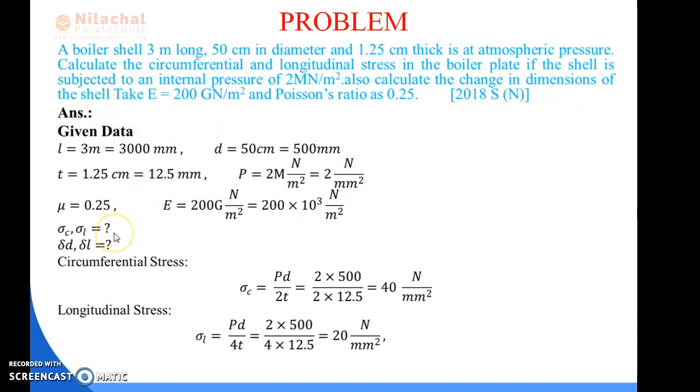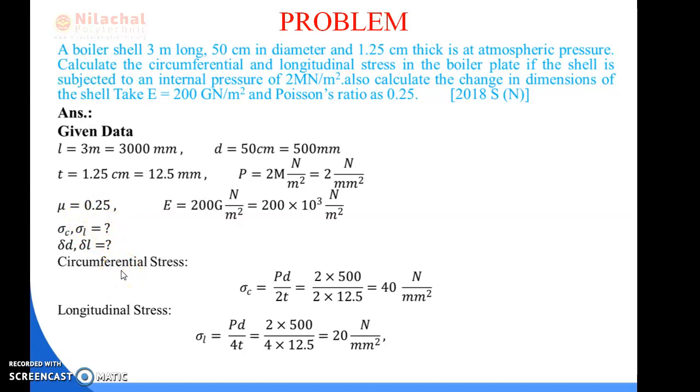We have to calculate the change in diameter and change in length of the cylinder. E is given as 200 giganewton per meter square, that is 200 into 10 to the power 3 Newton per mm square. Poisson's ratio is 0.25, that is μ is equal to 0.25.